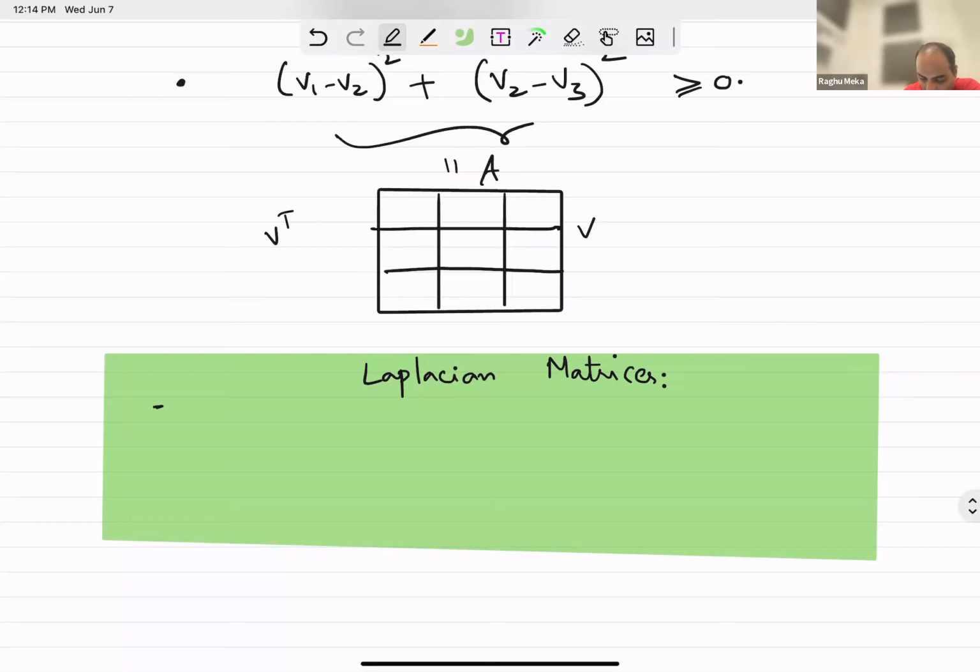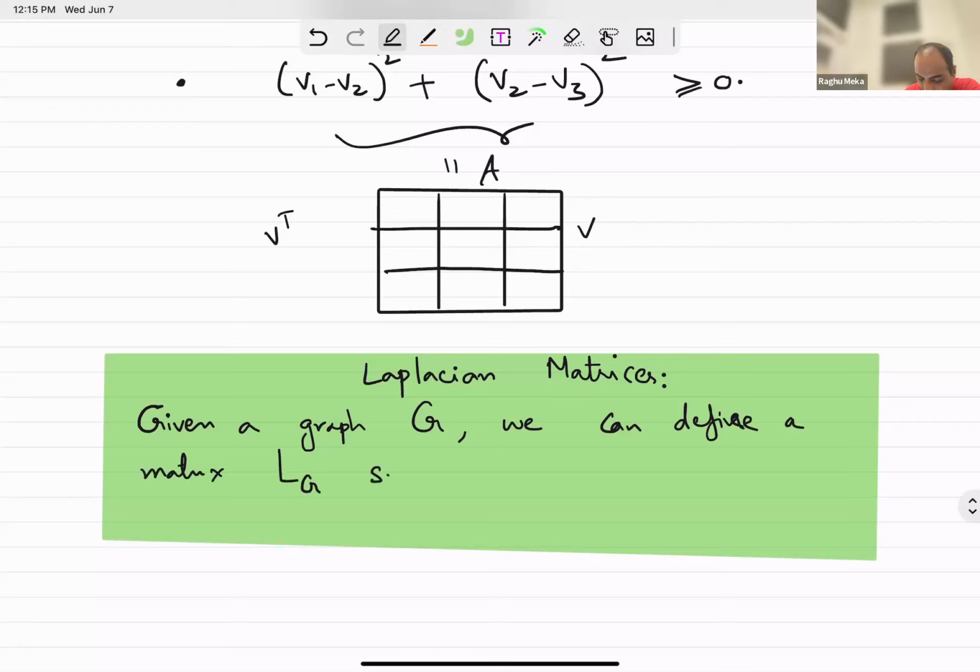Given a graph G, we can define a matrix LG such that for every edge in the graph, I'm adding the term Vi minus Vj whole squared.